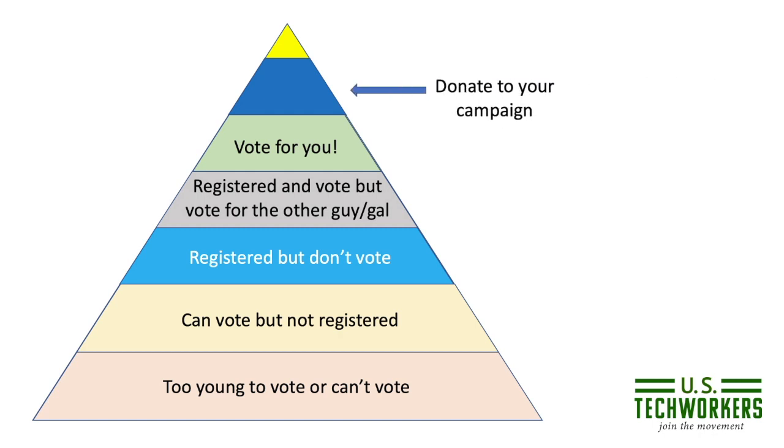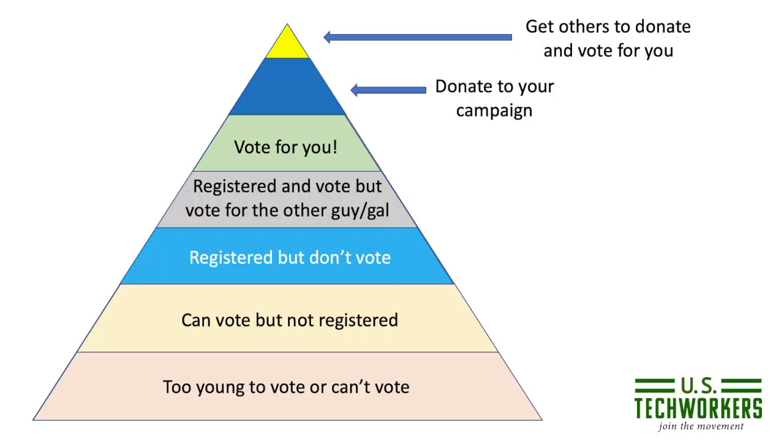Well, you're even a little more special. Now, at the very top of the pyramid, we have those unique people in the congressional district who not only voted for the elected and donated money, but they got other people to donate money and vote for that elected.